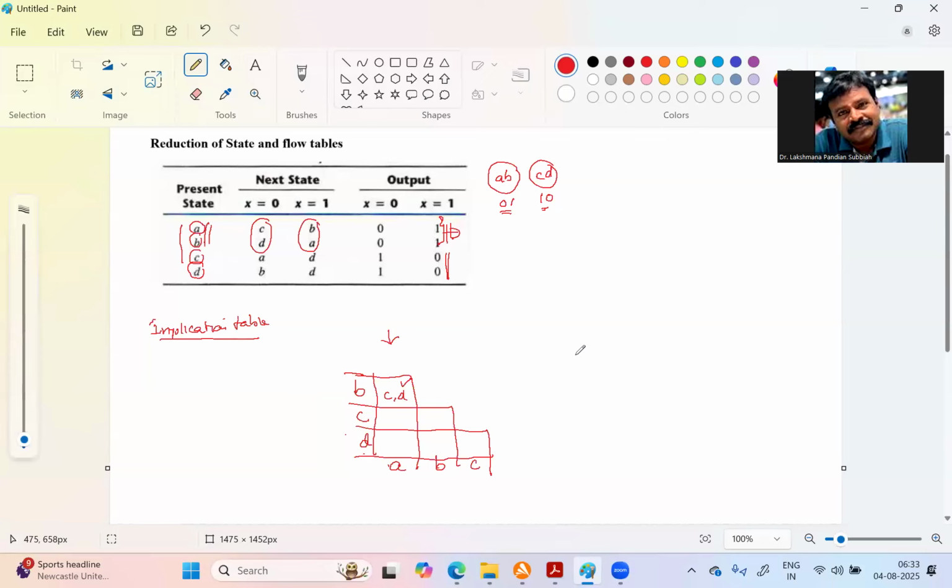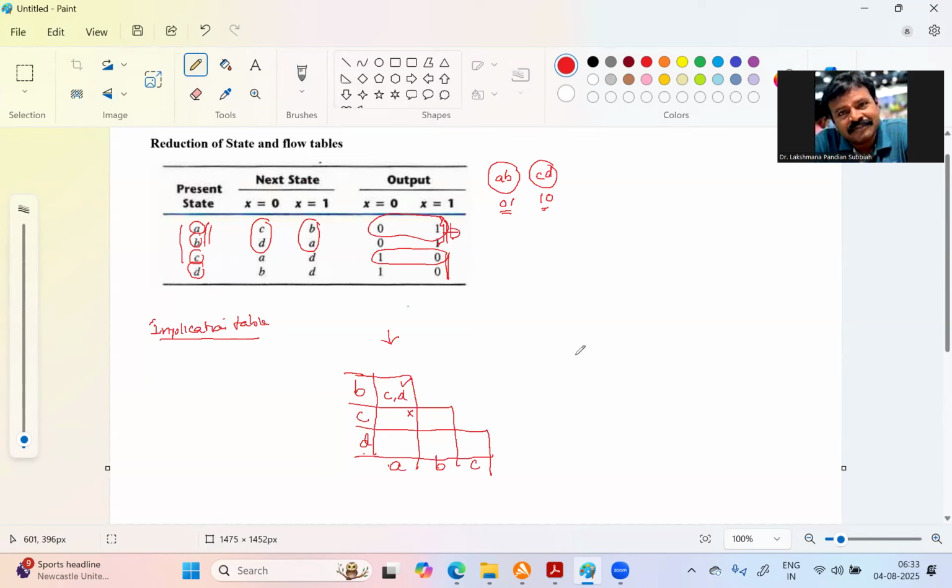Next, A and C have different outputs: 0, 1 versus 1, 0. So this cannot be a pair.